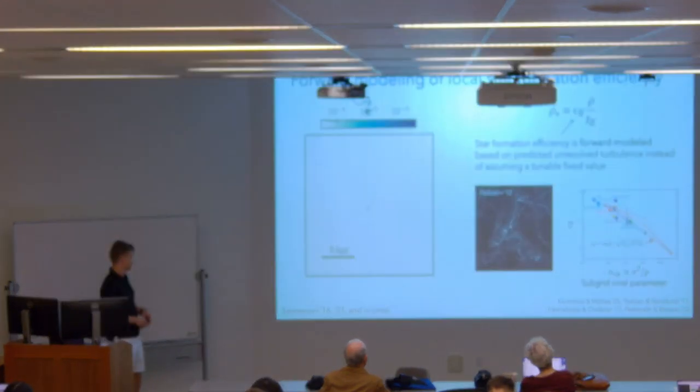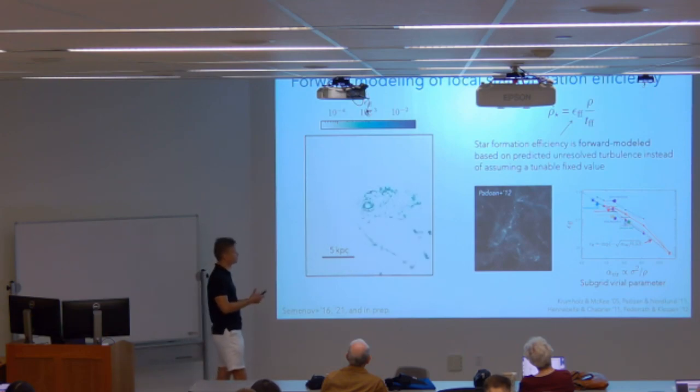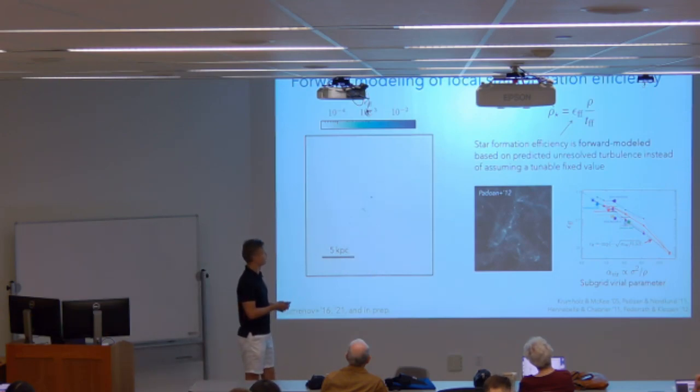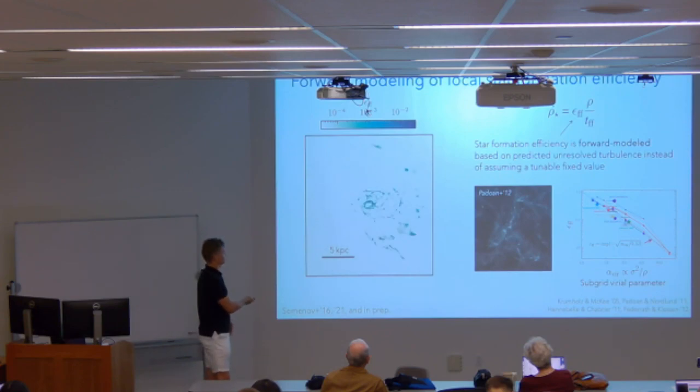And this is thanks to one of the key features of the simulation: instead of assuming local star formation efficiencies per free fall time, as often done in simulations, we can forward model it based on the local properties of turbulence, which is also forward modeled in the simulation. So we can predict the spatial and temporal variations of the star formation efficiency per free fall time on scales of star forming regions in each cell, shown in this map.